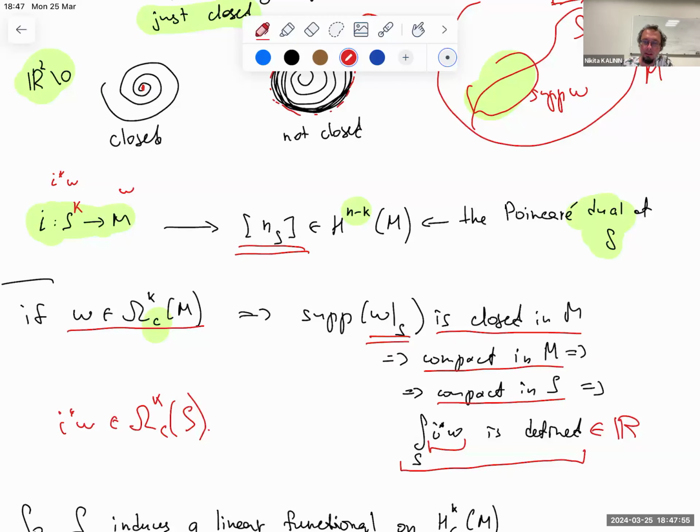Okay, actually we can also track the sign, because if you have an oriented manifold, so you've chosen some orientation, and you have a form of the same dimension as the manifold, then when you integrate it, it's just the usual integral, like the Lebesgue integral, but with a sign.